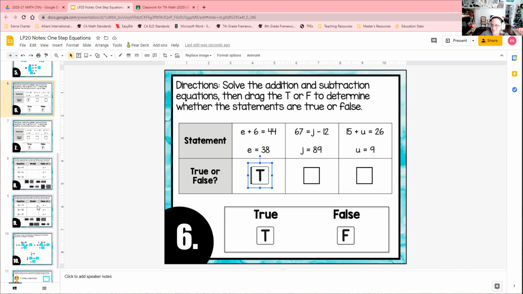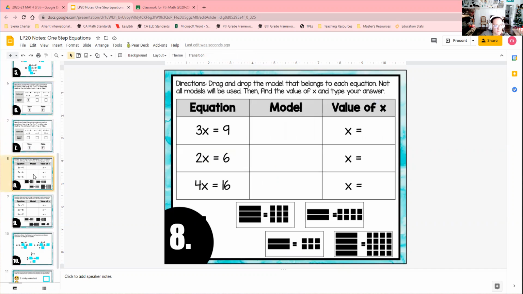And that's it. Okay. Page 8 has us looking for the correct model and writing the correct value of x at the end. So 3 x's, 3 times x equals 9. So I'm looking for where it has the 3 of those long x bars, okay, and it equals 9.